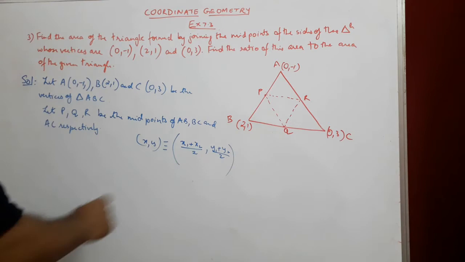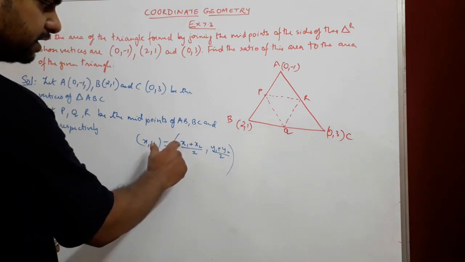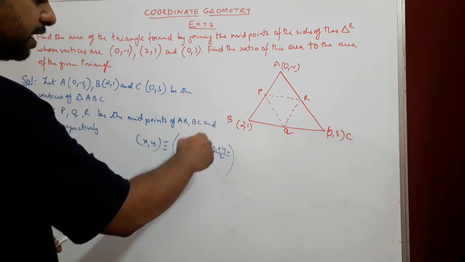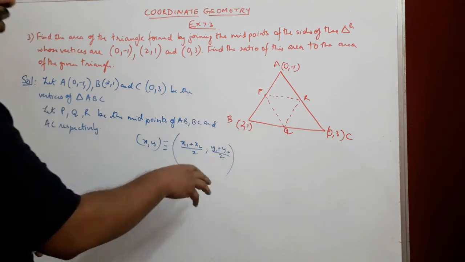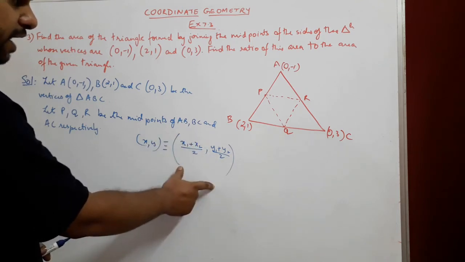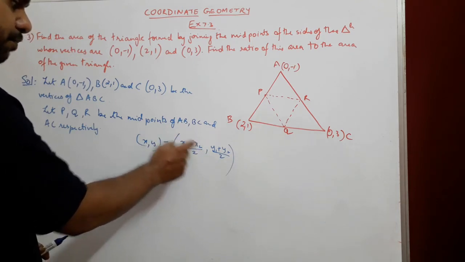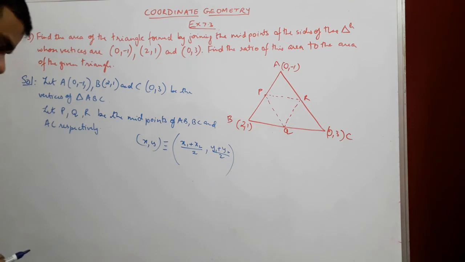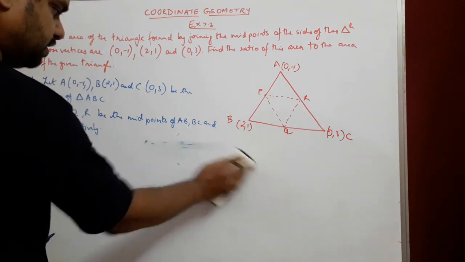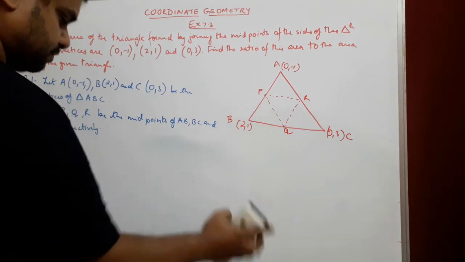Here x1, y1 are the coordinates of one end and x2, y2 are the coordinates of the other end of a line segment whose midpoint we have to find out. So let us use this midpoint formula to find out P, Q and R.